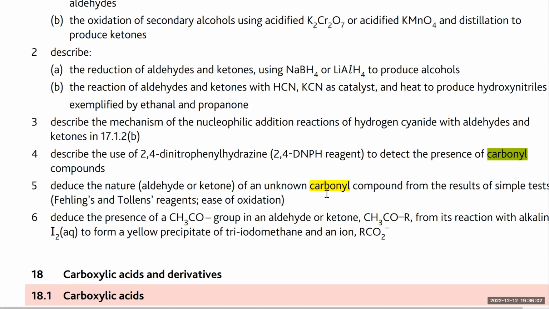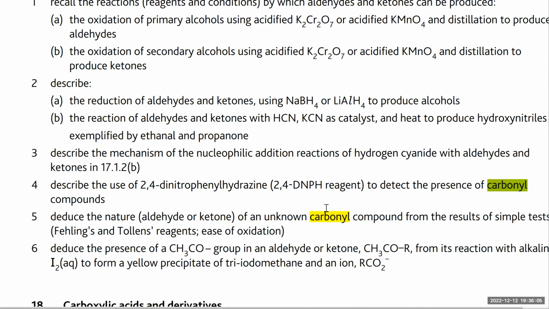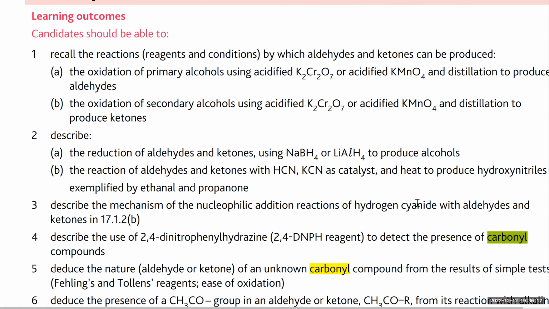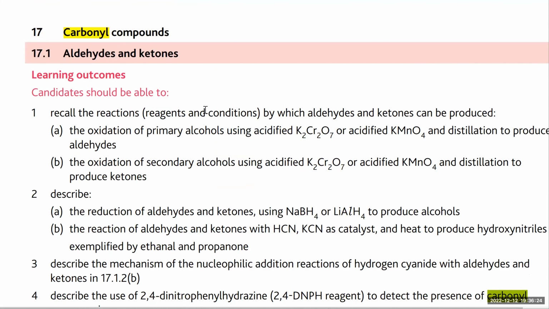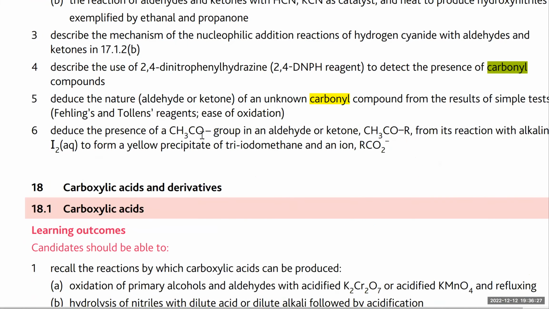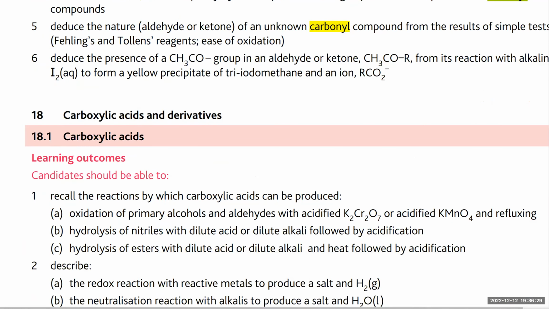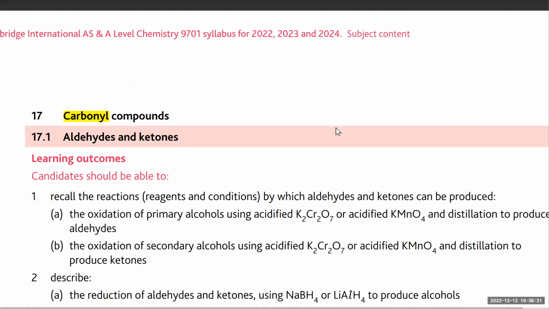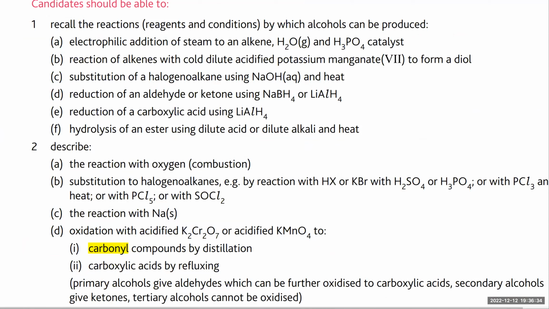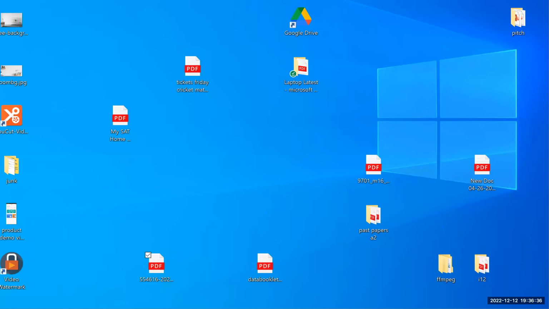Nature of the carbonyl from the results of simple tests, we did that. Describe the mechanism of the nucleophilic addition of hydrogen cyanide with aldehydes and ketones. That's reduction of aldehydes and ketones. So reduction, oxidation, all of that is done, I guess, and this is AS, right? And this is AS. But still, the mechanism is still there.